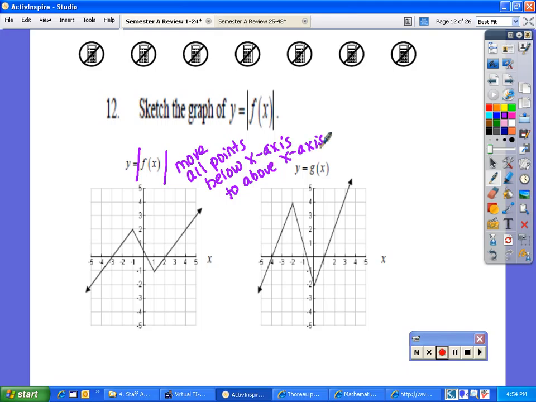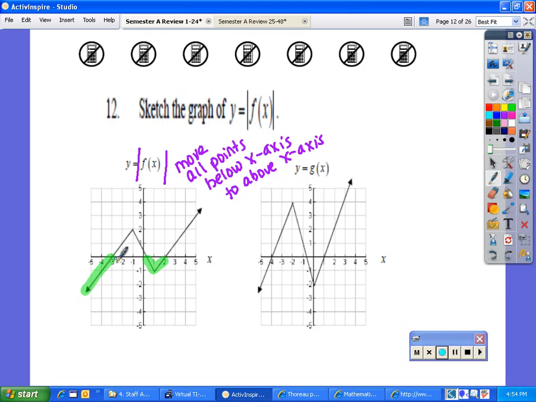There are only 2 spots where we're below the x-axis. It's right here and right here. I do remember giving a test on this. So all we want to do is basically reflect that line. This little line here, we want to reflect it up above the x-axis.